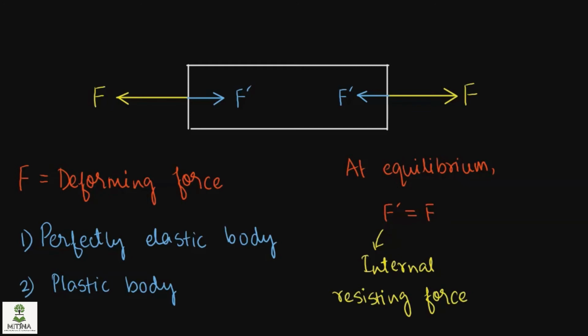Due to this force, we will have a term which is known as stress, and stress is defined as the internal resisting force, which is F dash, divided by the cross sectional area. The internal resisting force is equal to the external force F divided by the cross sectional area.